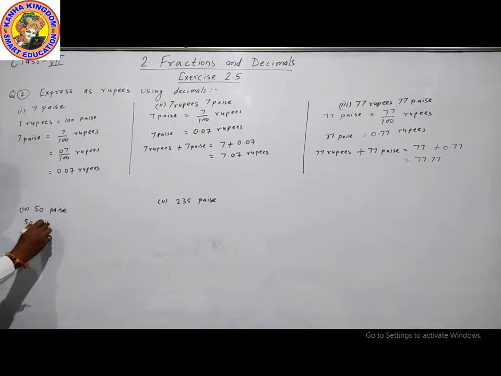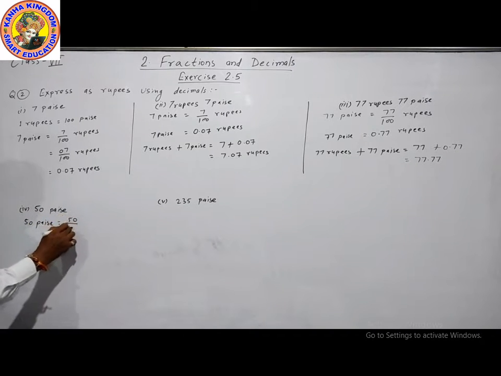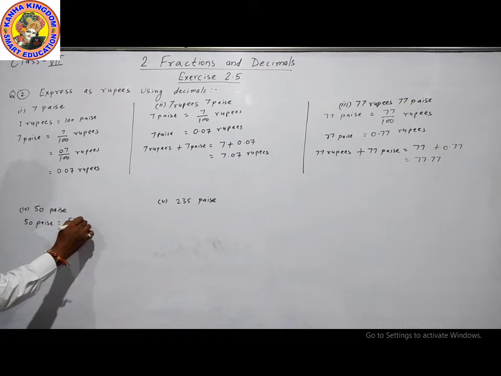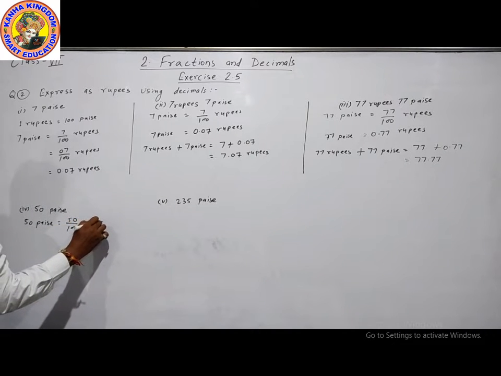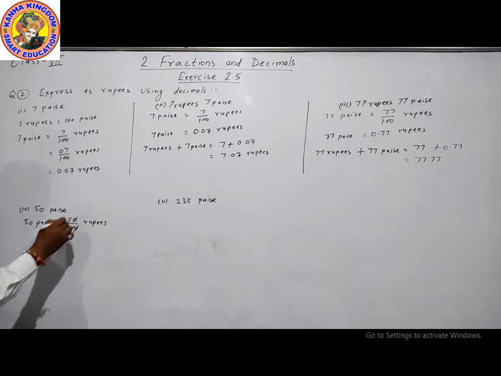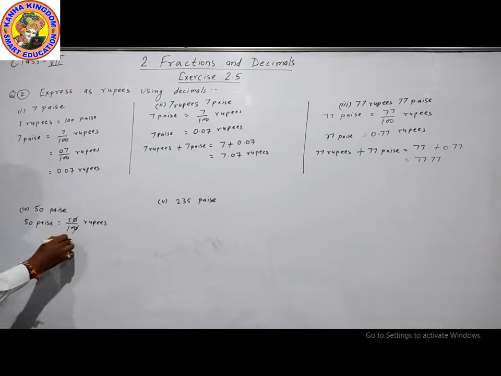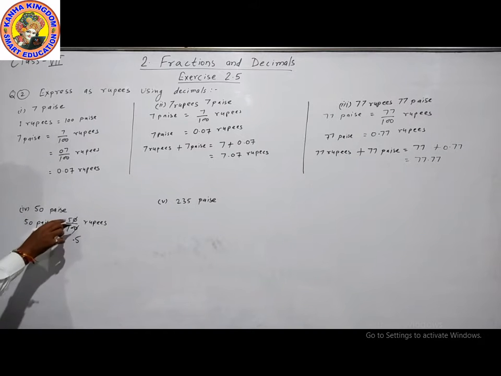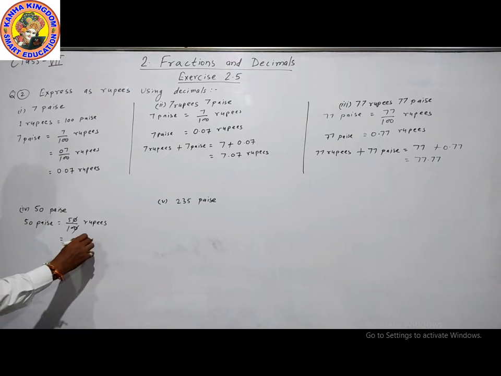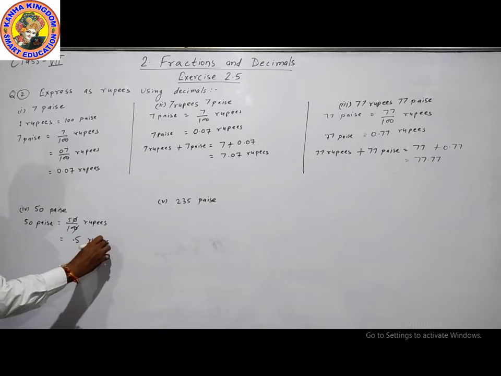Now 50 paise: paise is converted into rupees by dividing by 100. 10 and 10 can be cancelled. Now 10 will convert into 1 decimal place, so this is 0.5 rupees.